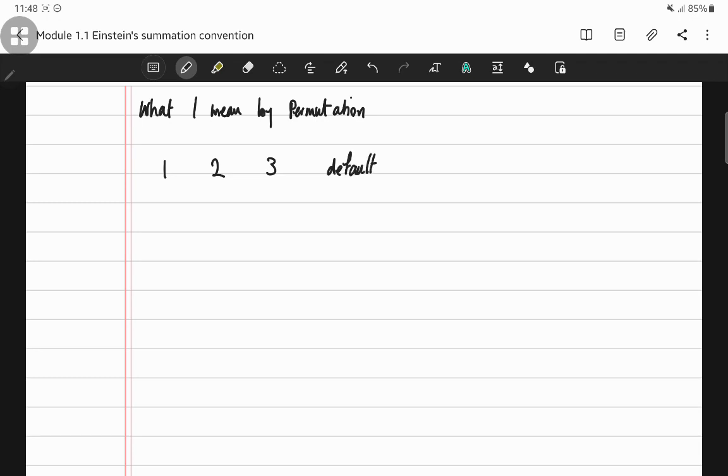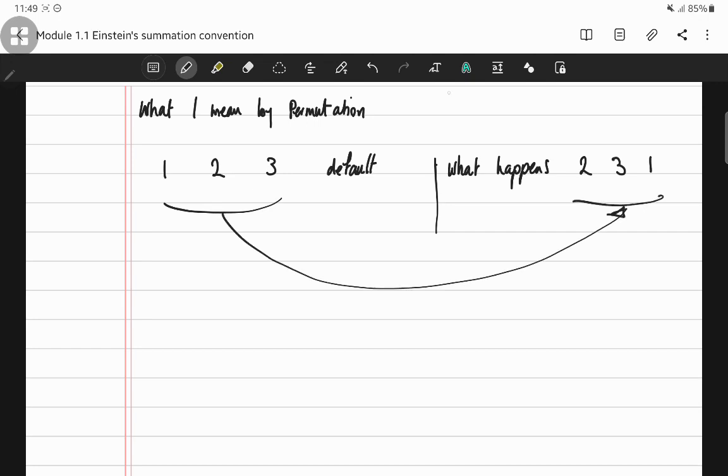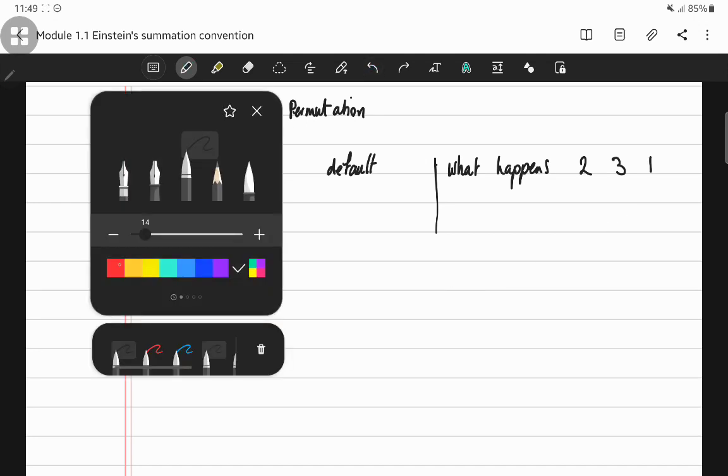So it is equal to 1. If you want to know what happens to 2, 3, 1, to convert the default to this, we have to do something like this.